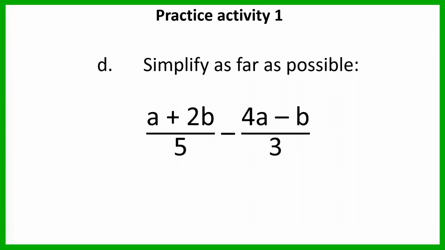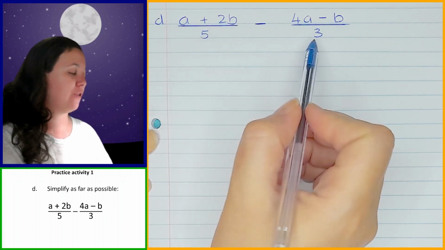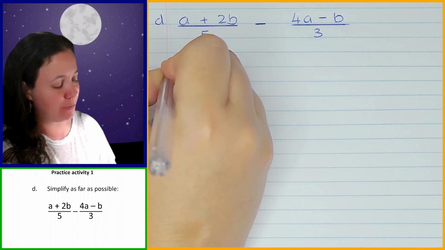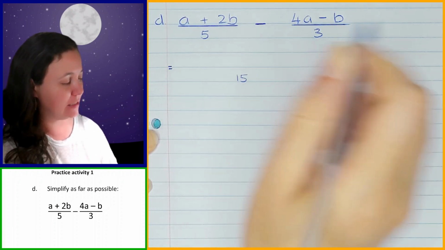Okay, so let's go through that question. So first of all, I've got the denominators 5 and 3. My LCD is going to be 15. That's the lowest number that both of those can divide into evenly. So I have 15 is my denominator.